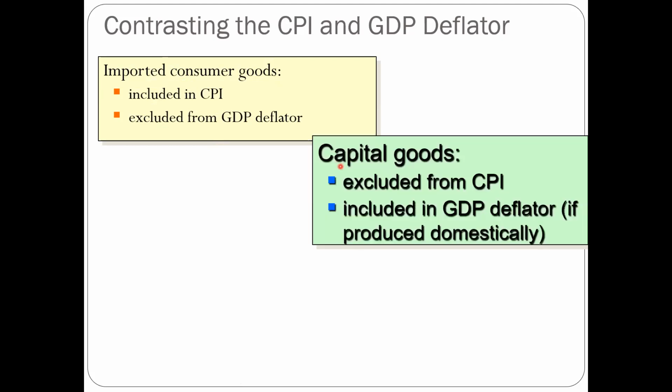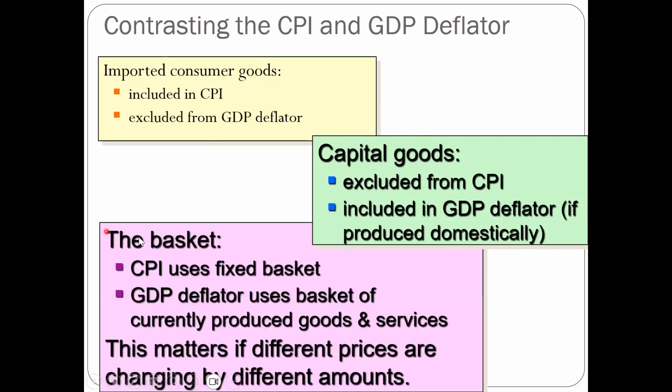The second thing is capital goods. Capital goods are used by producers only, which means that they are excluded from the consumer price index, and they are included in the GDP deflator only in one case, if they are produced domestically.